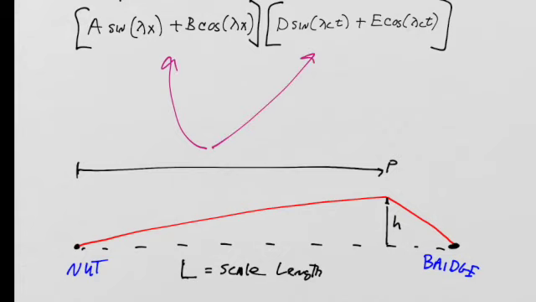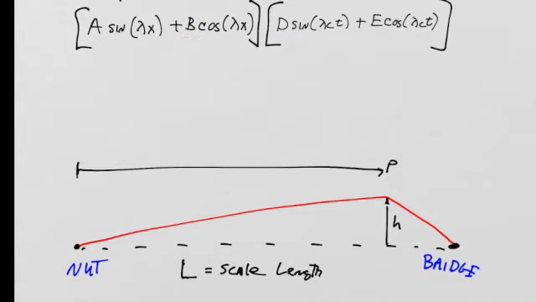The way that information lands is through the values for A, B, D, E, and lambda. Those values are the equivalent of telling this answer for u which of all the possible functions u in the universe that solve the wave equation applies to the guitar string. And the answer is in the form of picking A, B, D, and E.